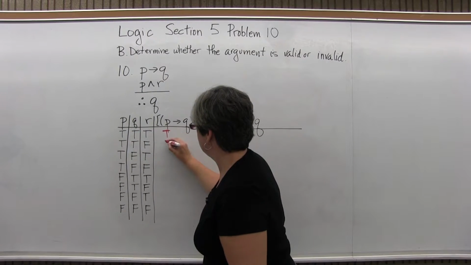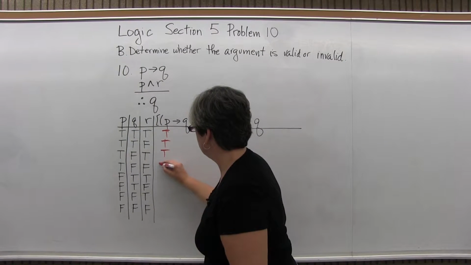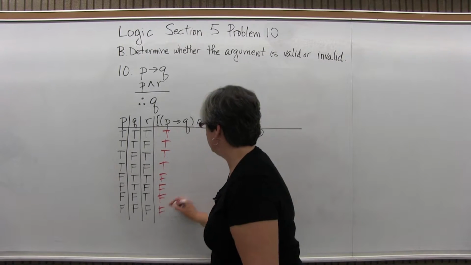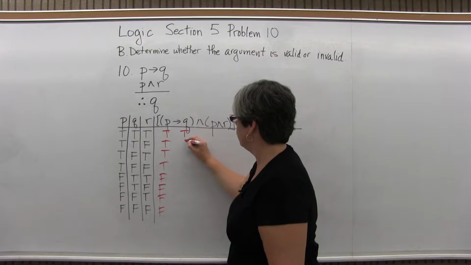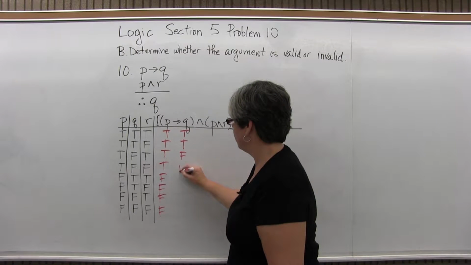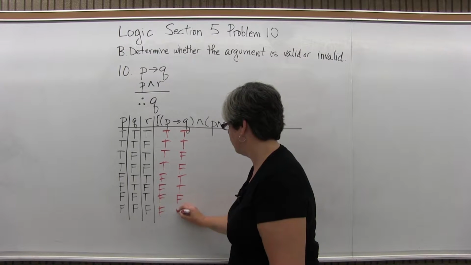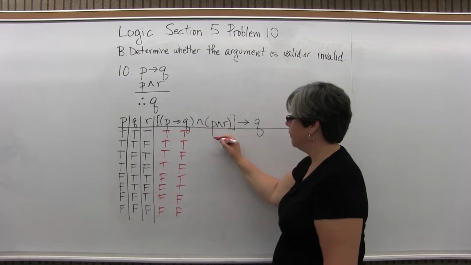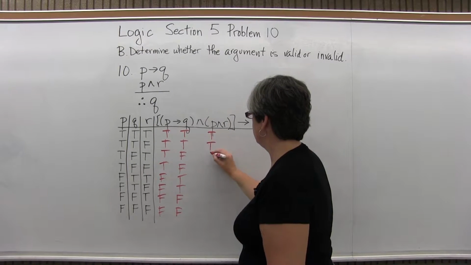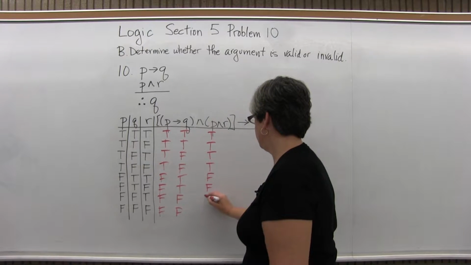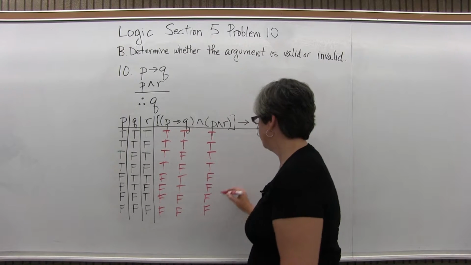So for P, true, true, true, true, false, false, false, false, and for Q, true, true, false, false, true, true, false, false. For P again, true, true, true, true, false, false, false, false.